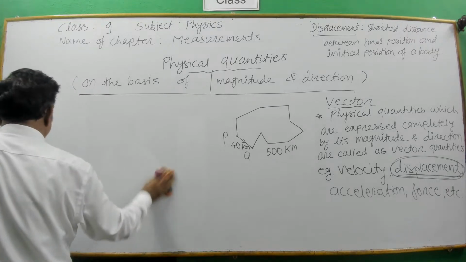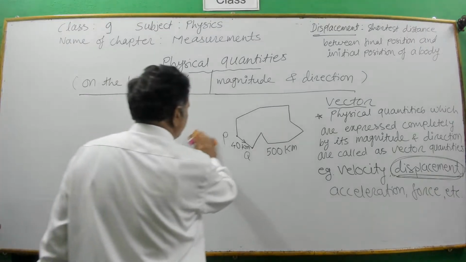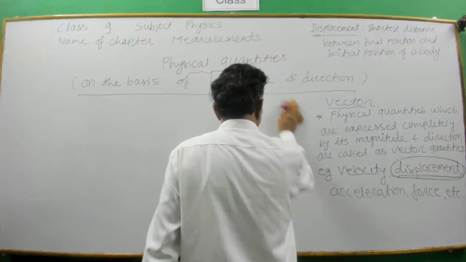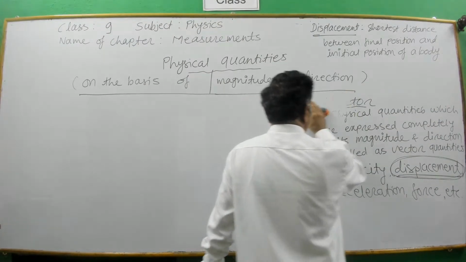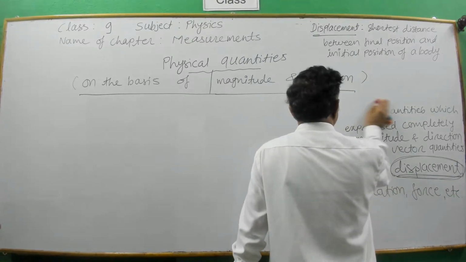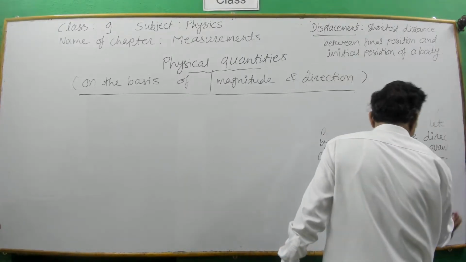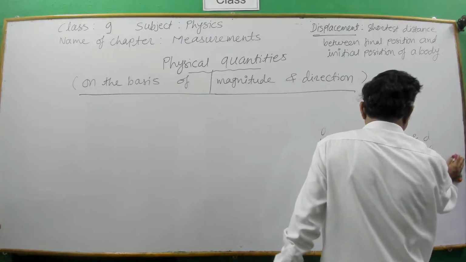When we try to obtain its value, whether that physical quantity is independent or, to obtain its value, we have to do calculation between other physical quantities.